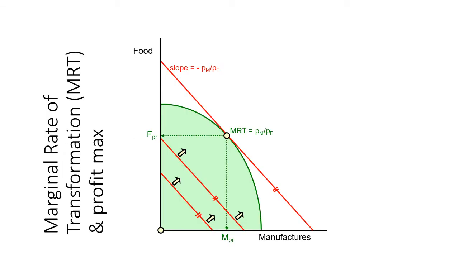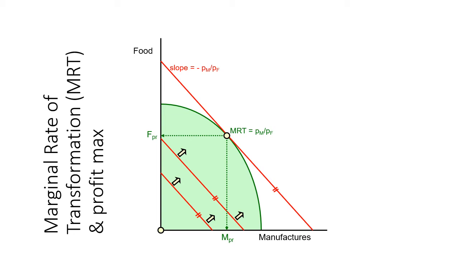From your production side, we have the green concave line. The green concave line is your PPF, the maximum combination of food and manufactures that you can produce once you fully utilize all your labor and capital. And the point of production maximization is going to occur when the red line, which is your cost line, is tangent to your PPF.